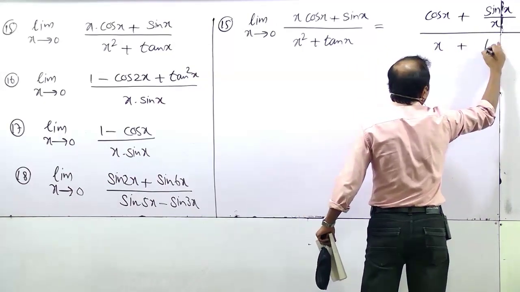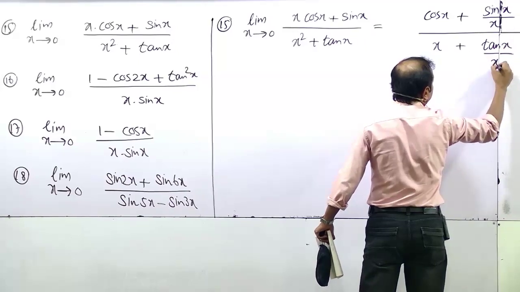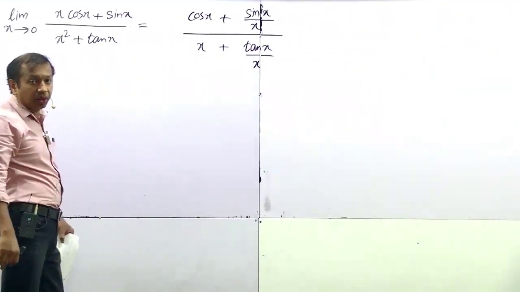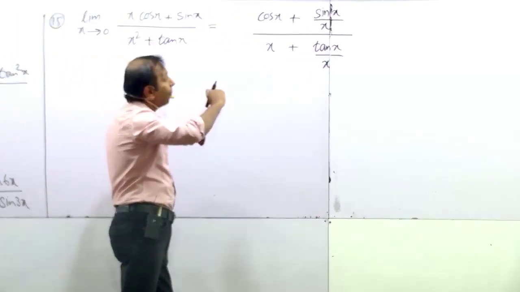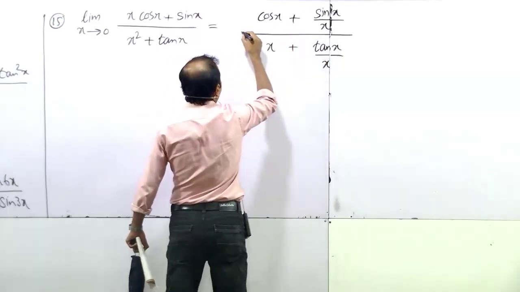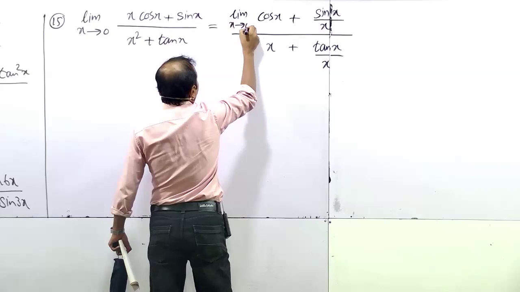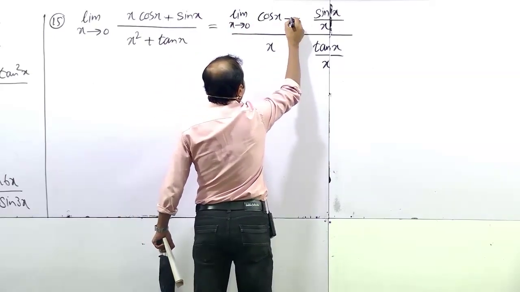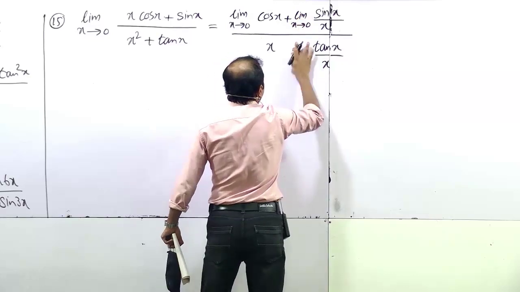Here we get tan x over x. Okay. Now, the limit x going to 0, we can apply for each term separately like this. Limit x tends to 0, we can apply separately for each term at the numerator and denominator. Like this.